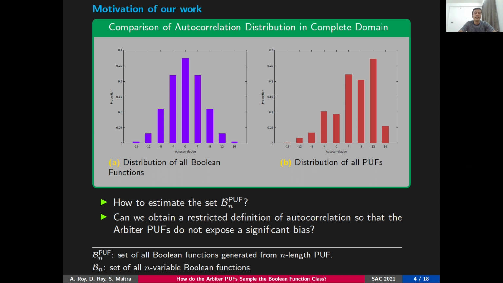Now, the question is, is it possible to estimate the set of all Boolean functions which are generated from n-length PUF, where we are using this notation Bn PUF to denote the set of all Boolean functions generated from n-length PUF. In this paper, we will address this question, and also we will look into the autocorrelation distribution over a restricted domain of n-length PUF, and we will show that it exhibits a good property.